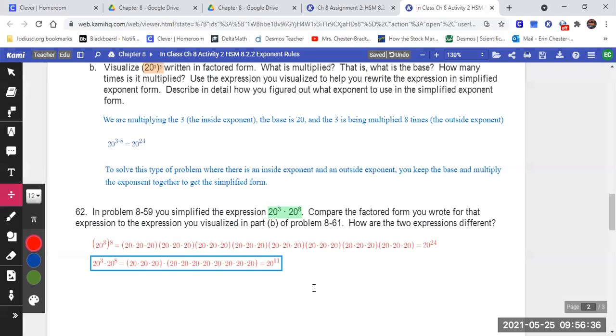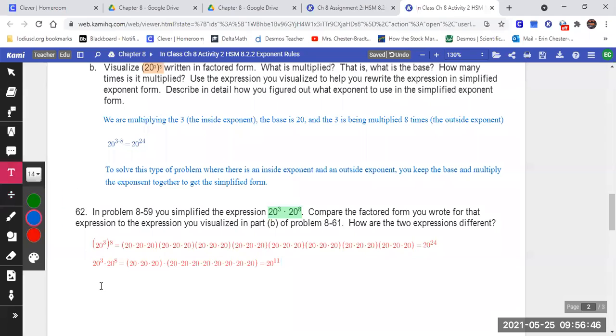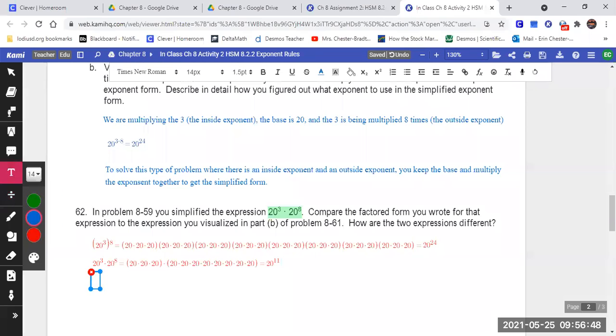Okay, it asks us, compare the factored form to this one. How are the expressions different?